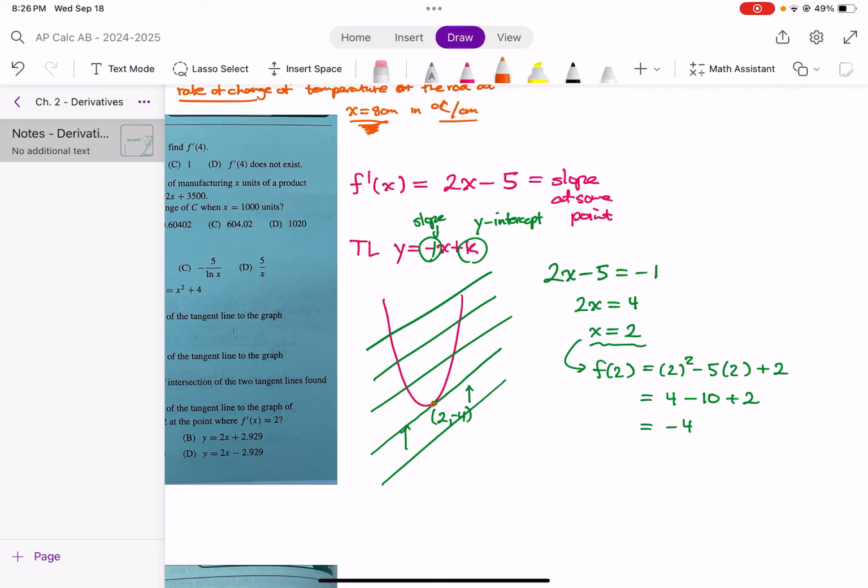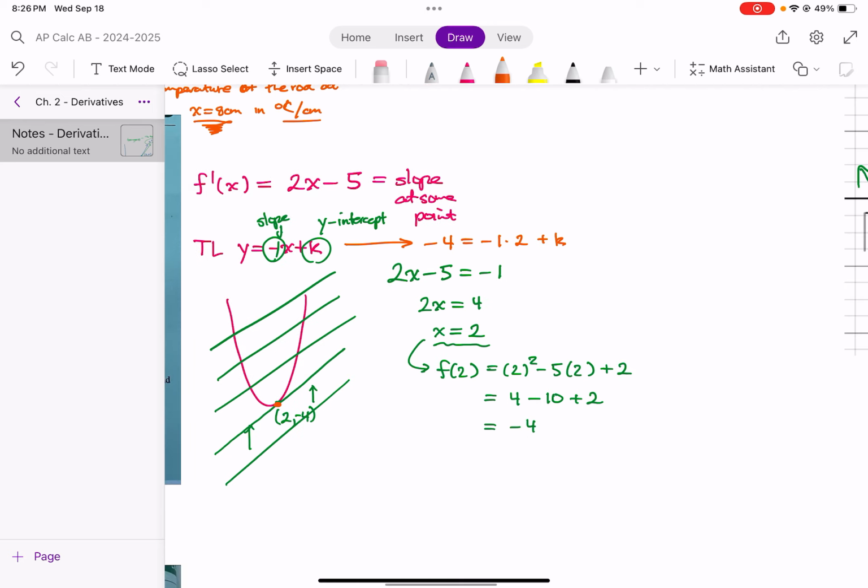Because this point right here, not only is it on the parabola, but it's on my line. Which means I should be able to plug in 2, -4 for x and y. And let's see what this does for us. -4 for y, I get -1 times 2 plus k.